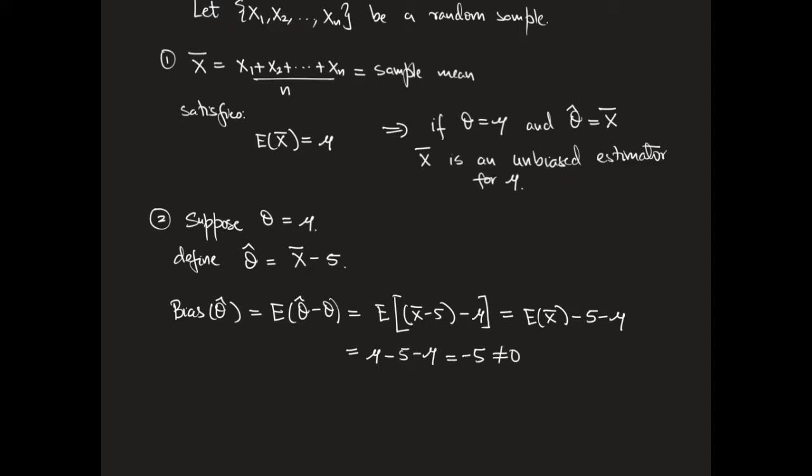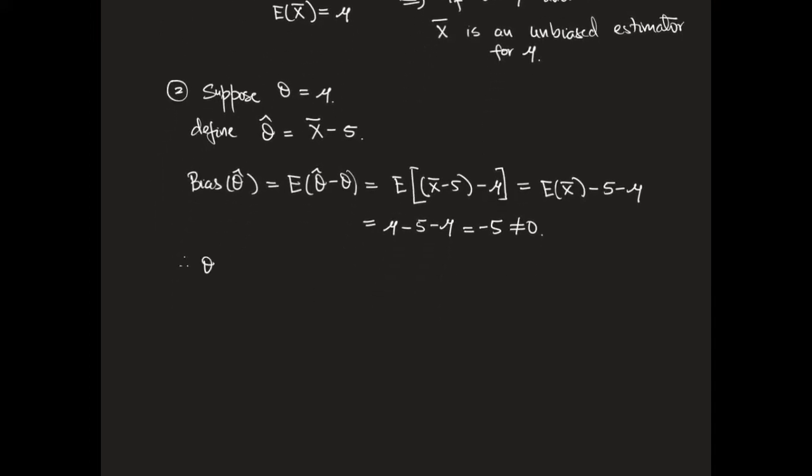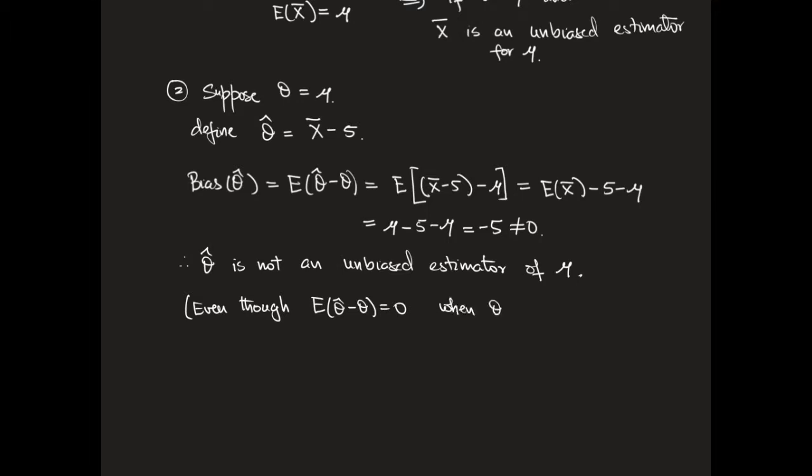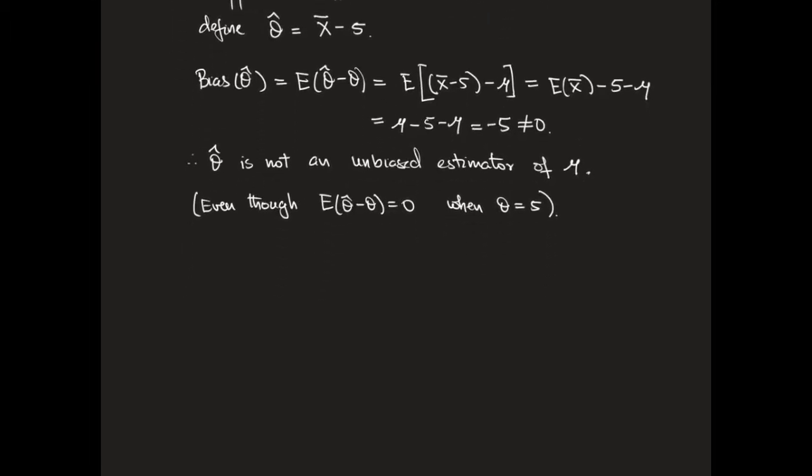A non-zero number, which lets us conclude that theta hat is not an unbiased estimator for the population mean. Notice that in this scenario we would have the expected value of theta hat minus theta equal 0 if the population mean was 5, right? So the condition that the bias has to be equal to 0 for all choices of theta is important.